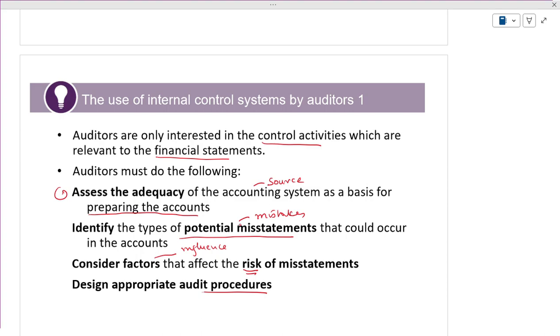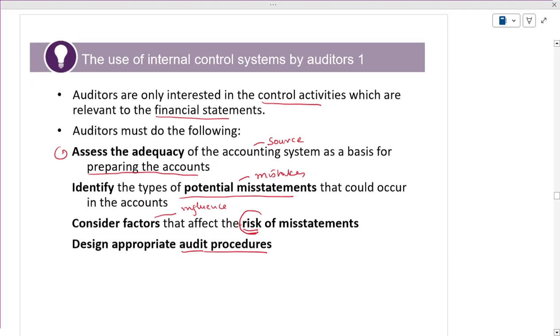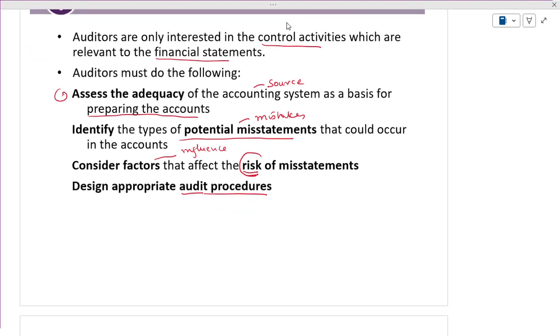What are the possible misstatements, what are the factors we have to think of in terms of risk, and more importantly, as per the risk element, we have to take the audit procedures. Now, I will add another thing. They will also give one question on audit procedures.